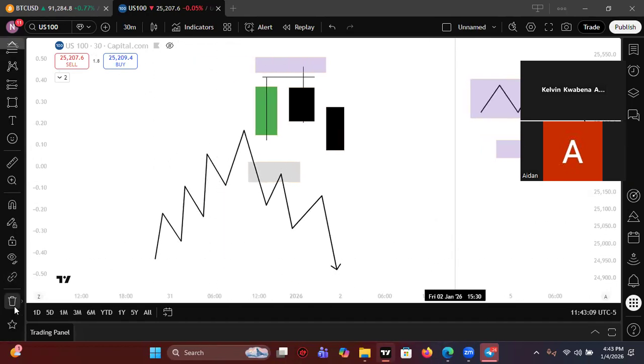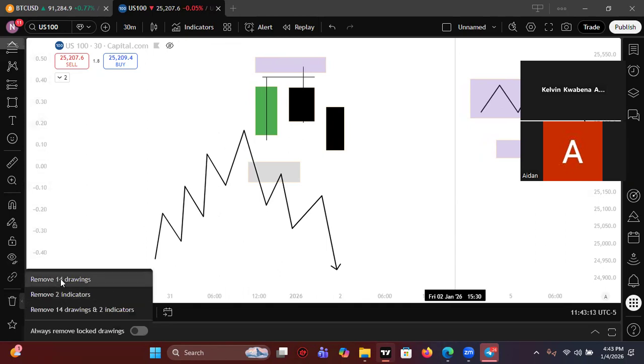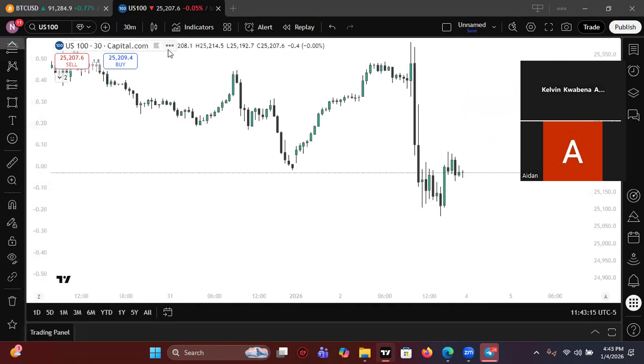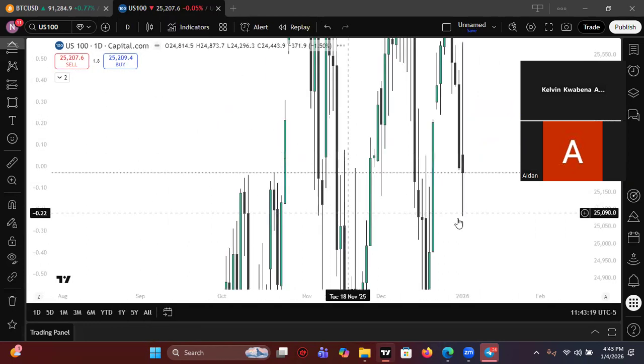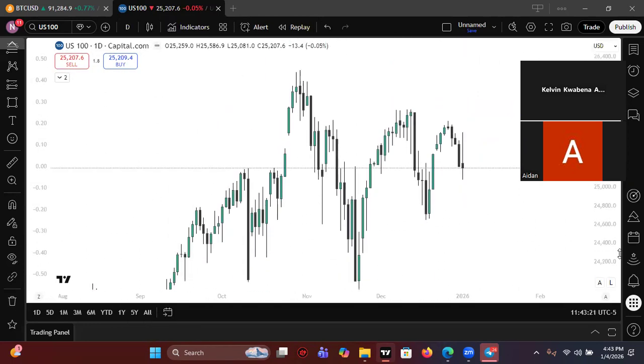So let's take a look at some examples on indices and see what we can do. So let's go to the daily time frame.